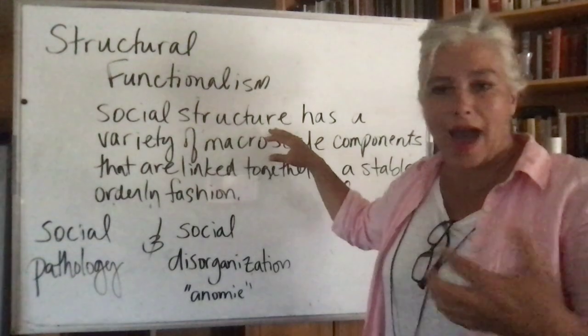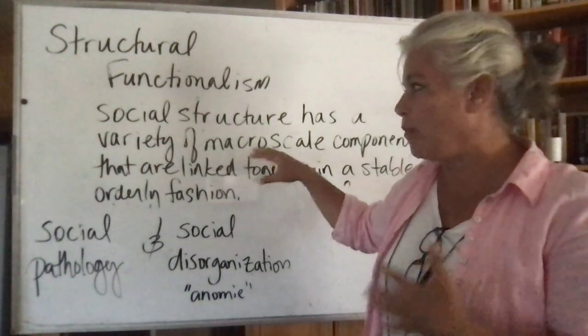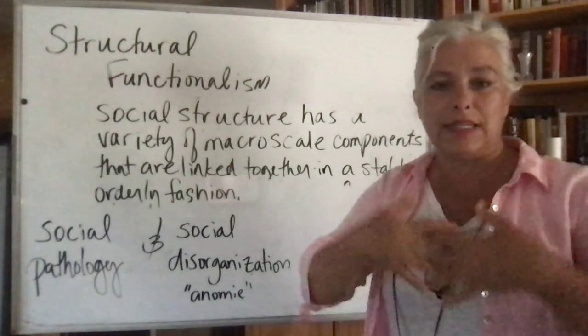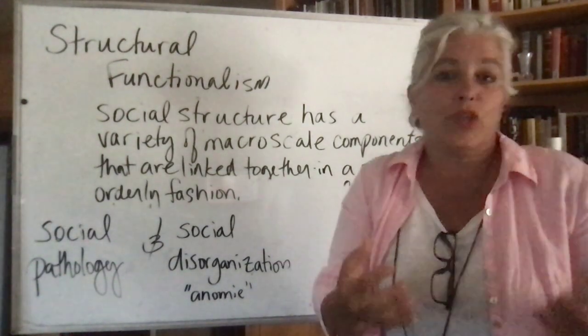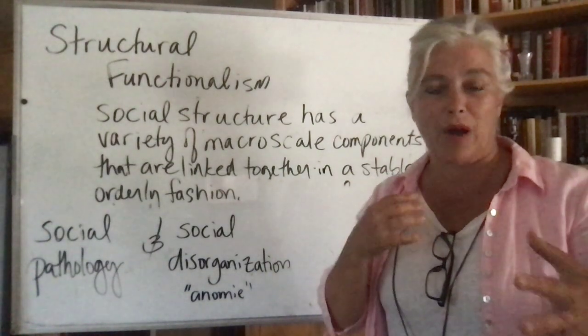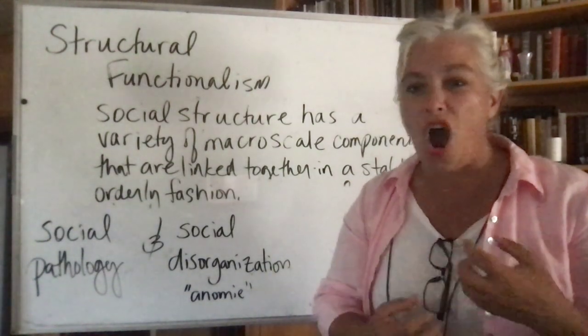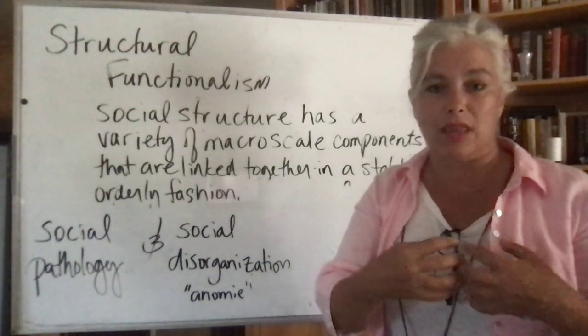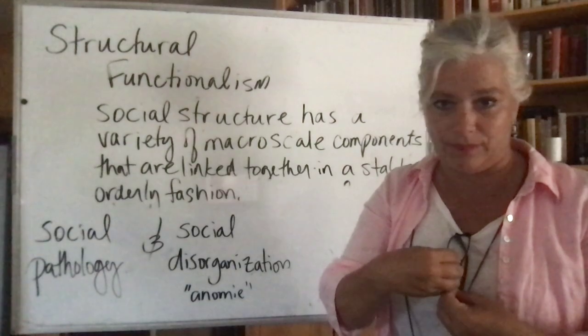Well, I used the blueprint example a minute ago, but you can say that all of the social institutions that are linked together that keep society stable and orderly, you can use the human body analogy there. You can say that society is like the human body and these social institutions are like the organs and systems that work together in the human body to keep the human body healthy.